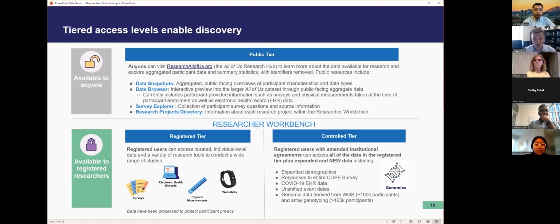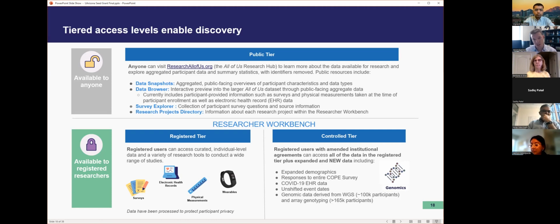And then the two researcher workbench tiers are the registered tier and the controlled tier. So one of the main differences is the controlled tier has a little bit more information that could be considered potentially re-identifiable. So things like genomic information. Now, to be clear, re-identification of any participants is prohibited based on the data use agreement, but there is more information in the controlled tier.